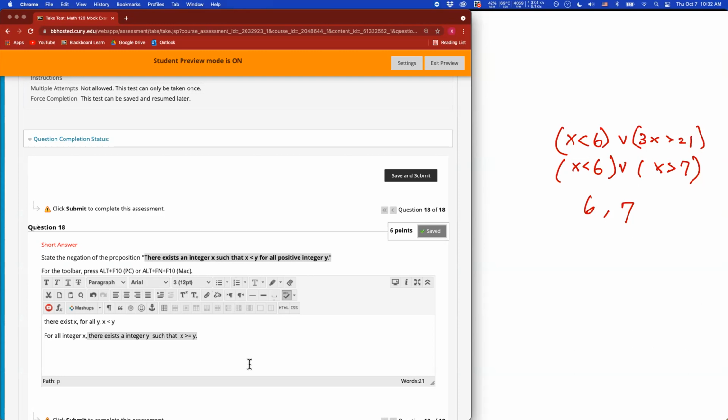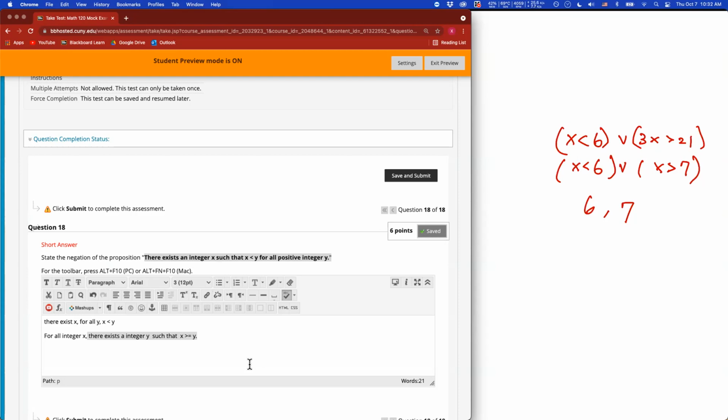Okay. I see people asking why is the negation greater than or equal to, not greater than? Well, what's the negation of less than? If you do greater than, you are missing a value. Where is y? When you're negating x is less than y, you want to take the values where the statement is false.